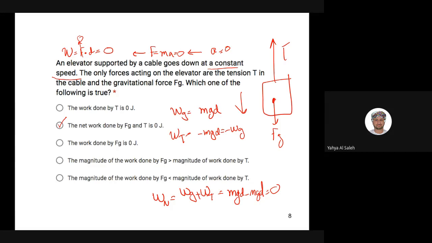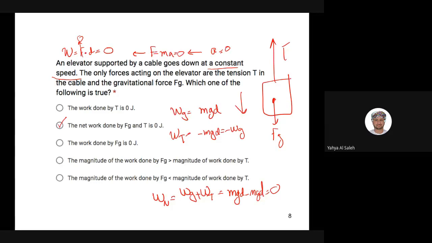Okay, but how do we know that? What is our proof? Because a equals 0 and net force equals 0. The elevator is going down. Okay, how do we know that a equals 0? I wrote a equals 0 but how do we know? Doctor, like the air drag, if the velocity is constant, then Fg and T are equal.